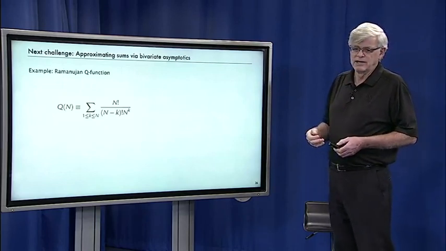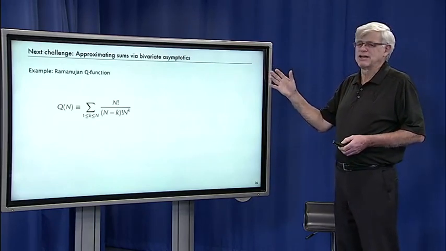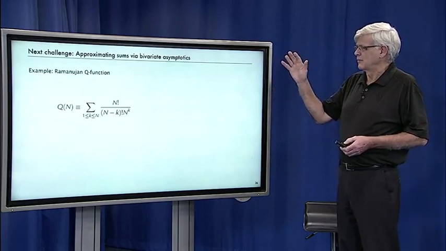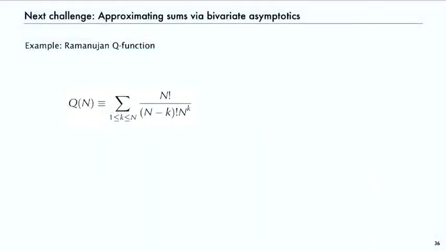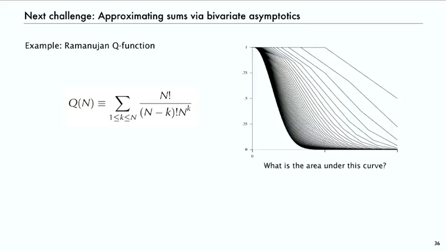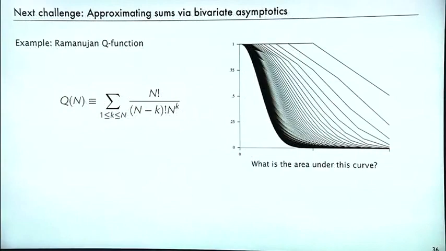So the next challenge that we're going to have now is, what do we have when we have a sum that involves one of these functions? And so the example that we'll do is the so-called Ramanujan Q function, and that's a critically important function in the analysis of algorithms. So it's the Ramanujan distribution summed over all values of k, and it's basically asking what's the area under the curve.